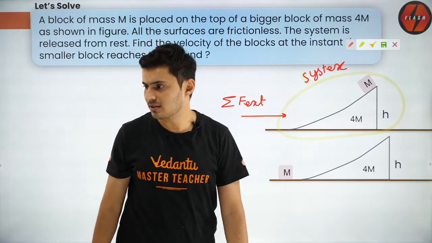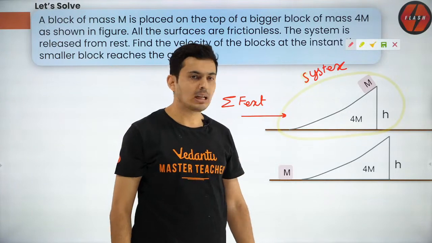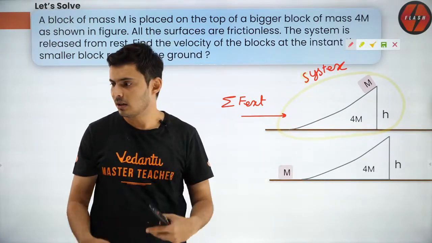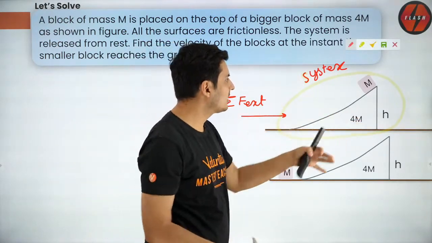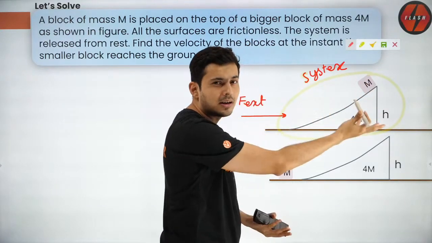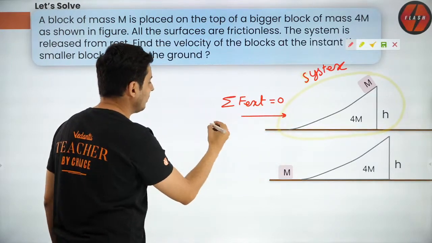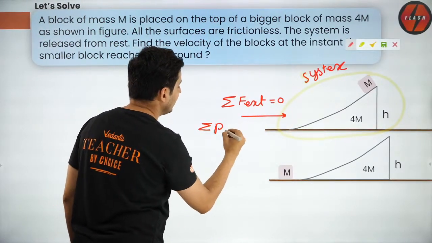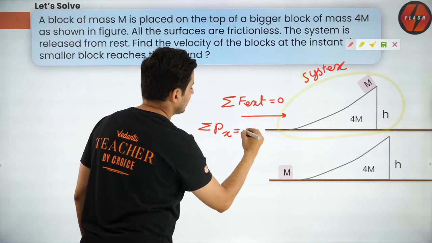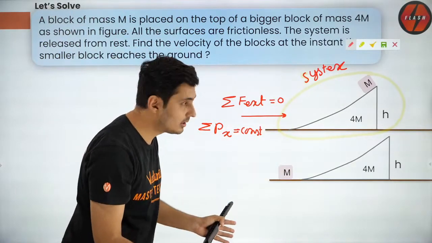Are there any forces acting on this system? No, right? Everything is frictionless. This normal force between them is an internal force, so ignore it. So external force is 0. So from this, can I not say the momentum in the x direction is constant?